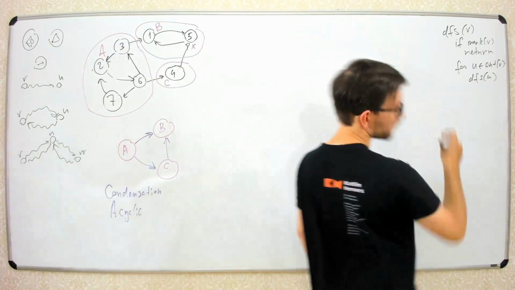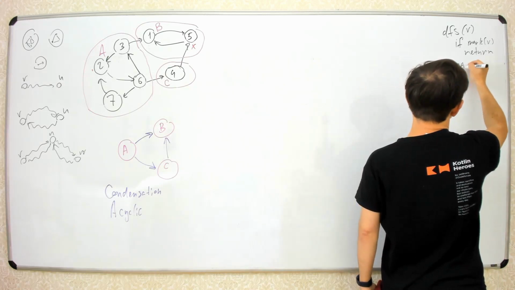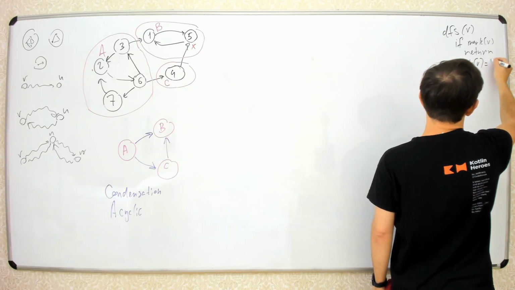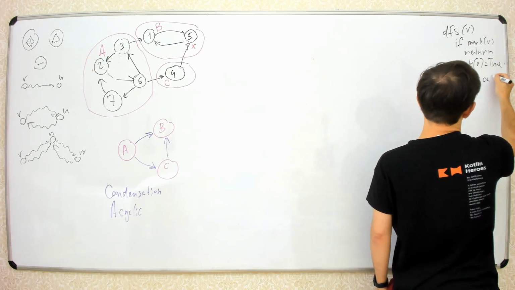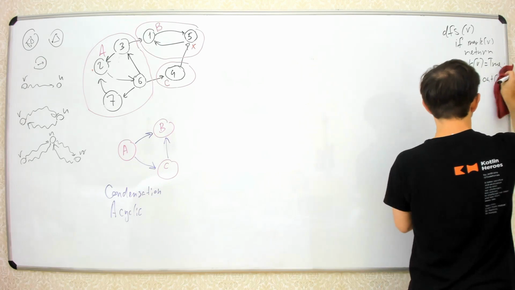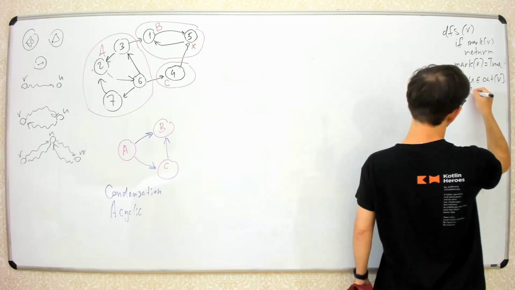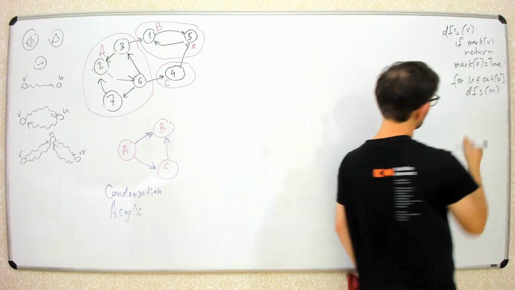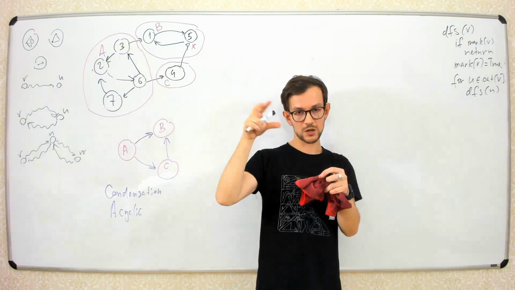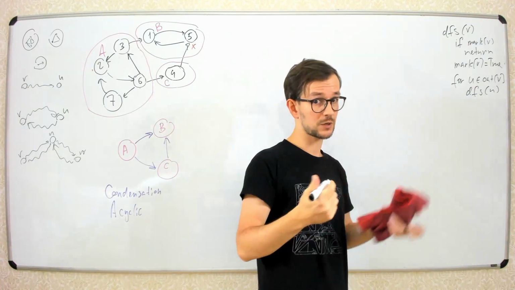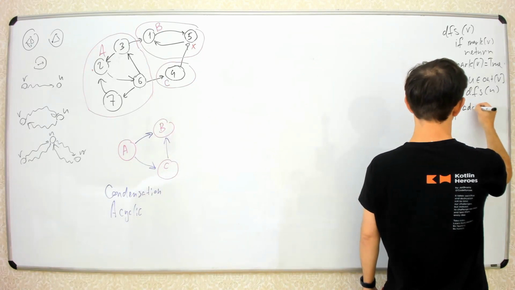We need to mark the node. Then we iterate over all edges out of V and call DFS. And then in the end of this DFS, we add this node V to the list of the topological sorting, like we did before.